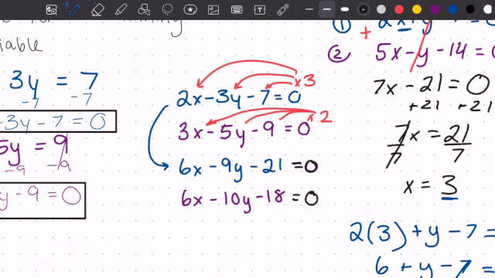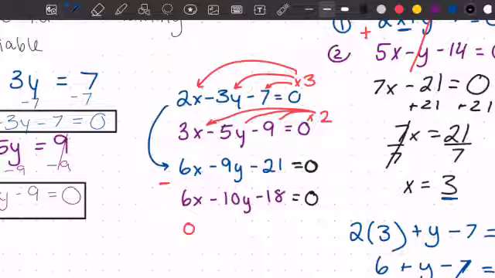Now, if I look at these 6x and 6x, I know addition's not going to cancel them out, but I know subtraction can. So 6x minus 6x is 0. So I'm going to put a 0 there. And then I am left with negative 9y minus negative 10y, which is what? Negative 9 minus negative 10.